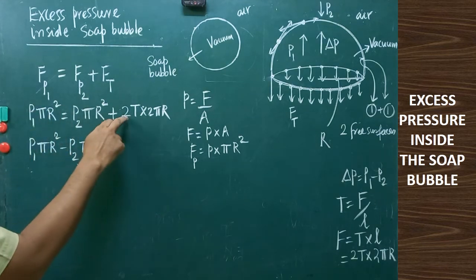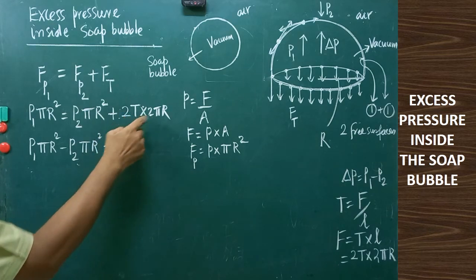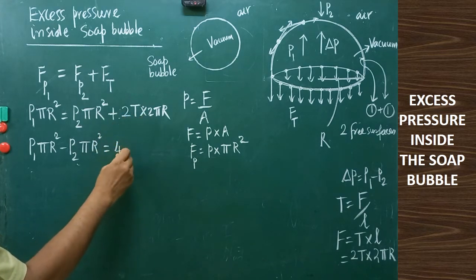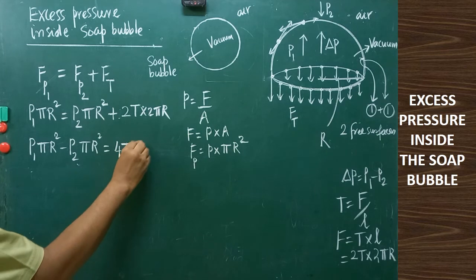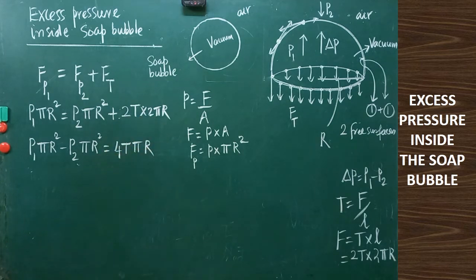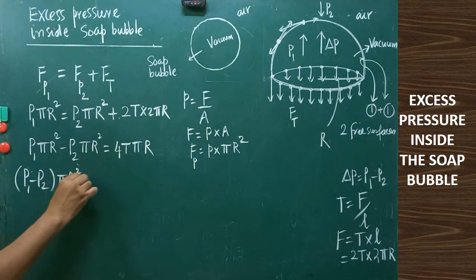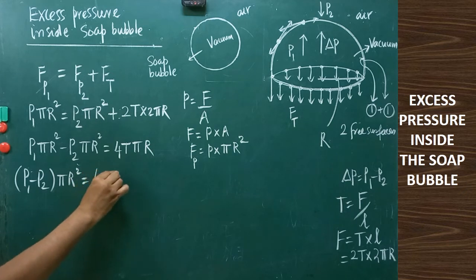Now this is the only factor left in the RHS. So 2 into 2, 4, T pi R. So this is the factor on the other side. Here the excess pressure can be calculated from this expression: P1 minus P2 into pi R square is equal to 4T pi R.